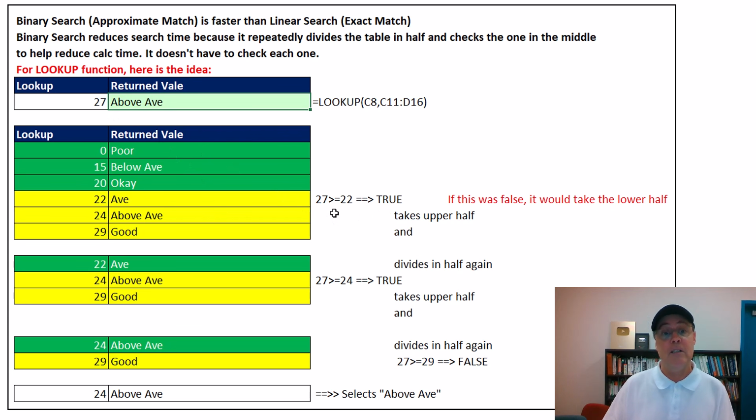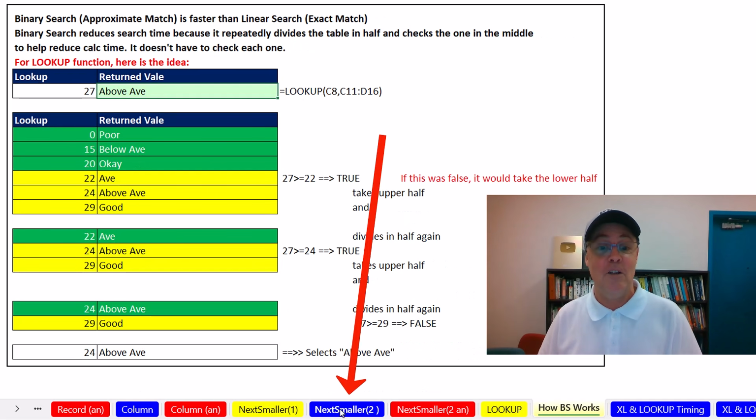In this case, since it's bigger, it takes this half and then repeats, and then finally gets a lookup value. This binary search is a technique going all the way back to the beginning of databasing. And it is lightning fast when you have either a big data set with lots of lookup formulas or a very large lookup table. All right, so let's go see how to do lookup.